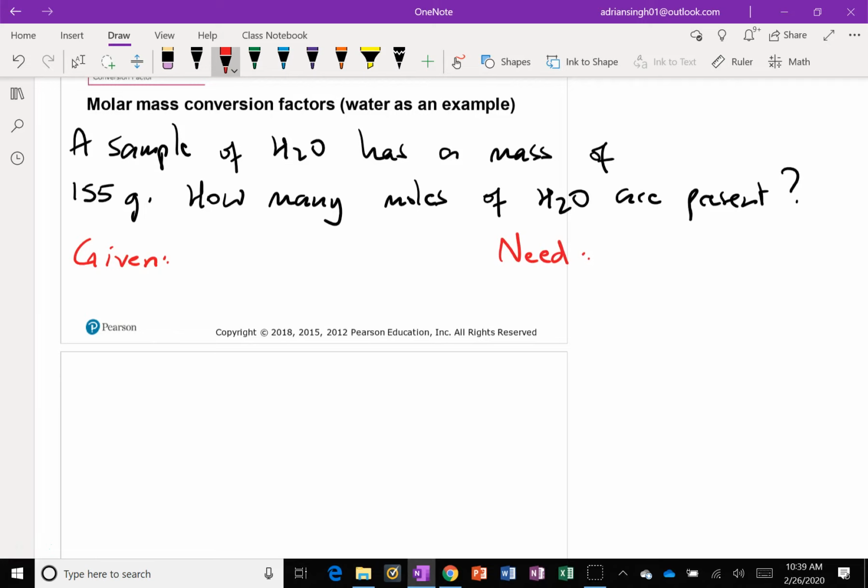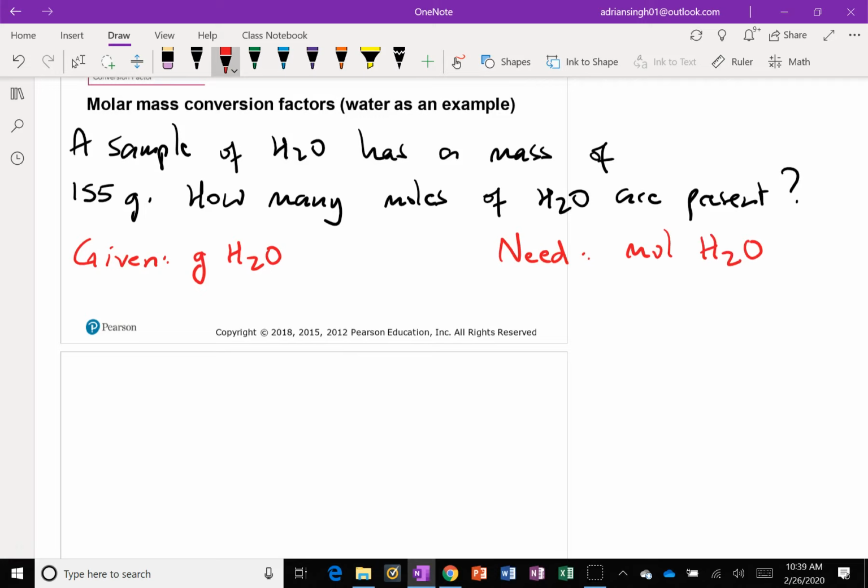Okay, and your approach should be the same, right? What are you given? What do you need? Right, we're given now grams of H2O, and we need moles of H2O.